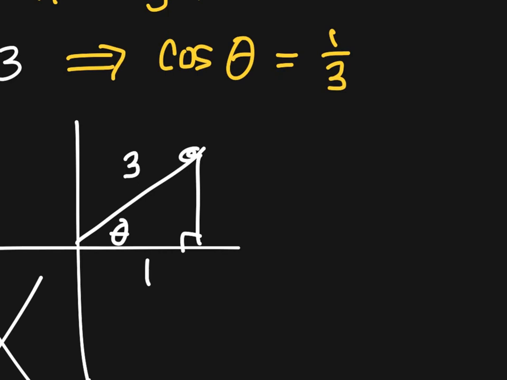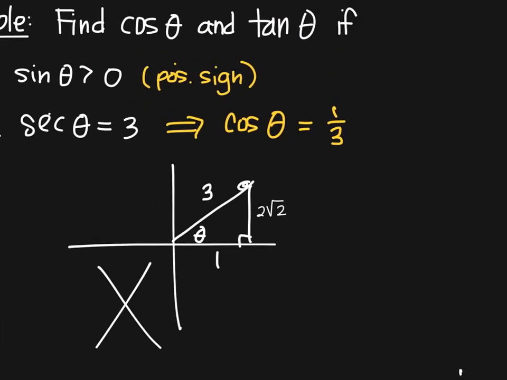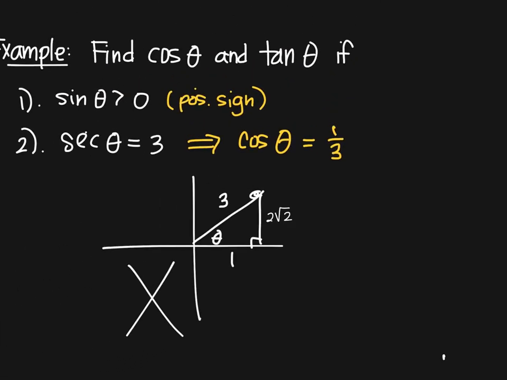So doing some Pythagorean mental math, what is 3 squared? 9, and 1 squared is 1. So what's that left for my missing side? Rad 8, but not rad 8, 2 rad 2. If this is right, does the sine have a positive sign?